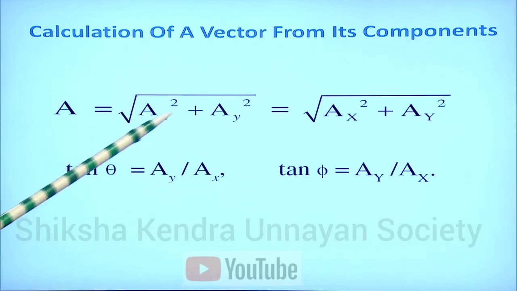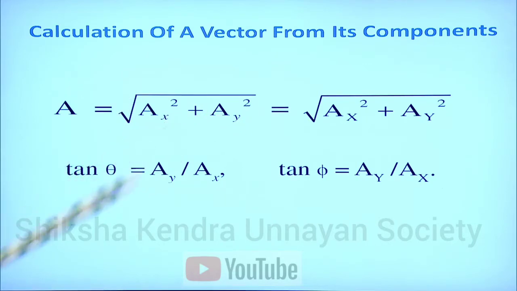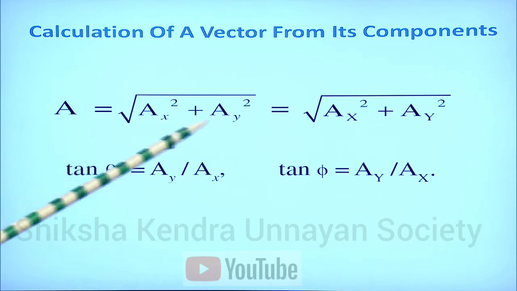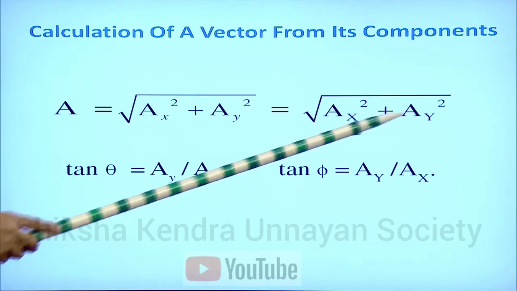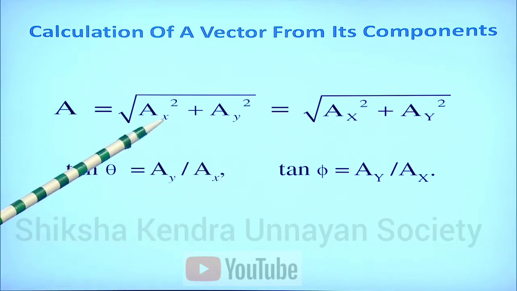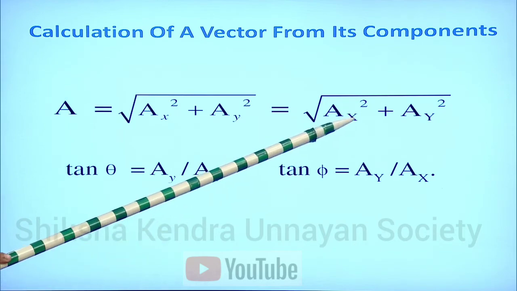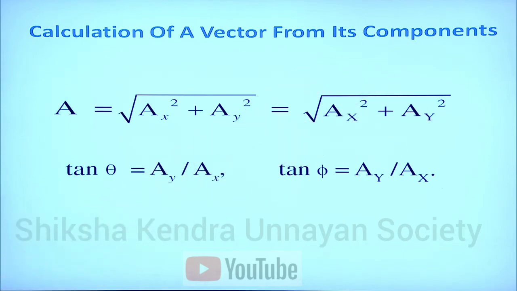A is equal to root over Ax square plus Ay square, and that is also equal to root over Ax square plus Ay square. This is along the small x small y coordinate axes and this is along the capital X capital Y coordinate axes. So the components of a given vector change when we change the coordinate axes.